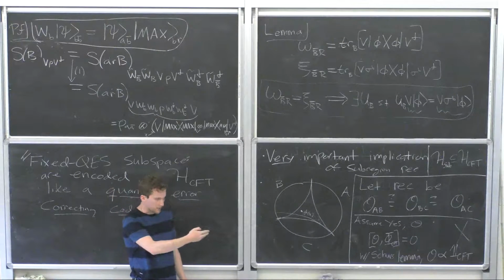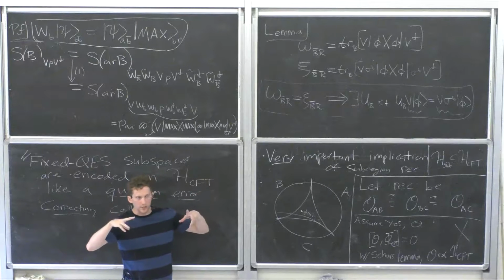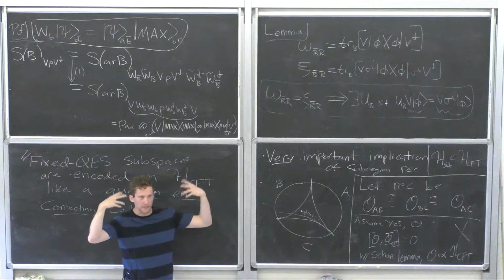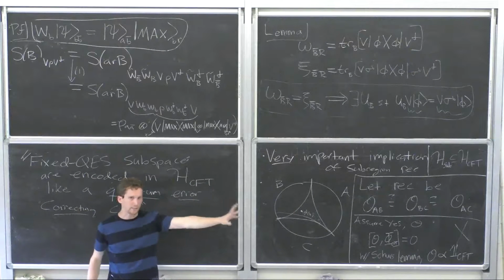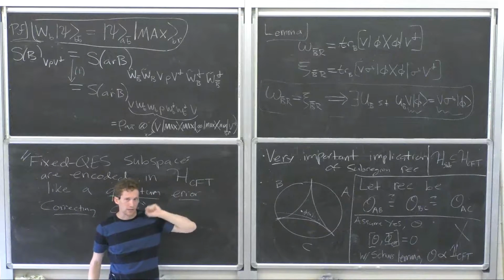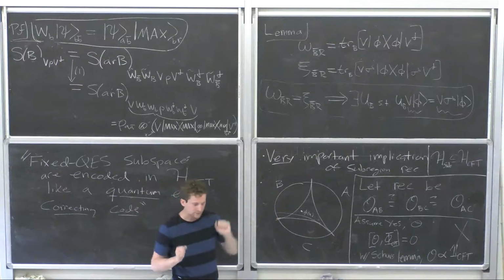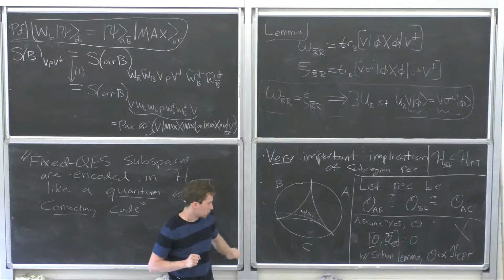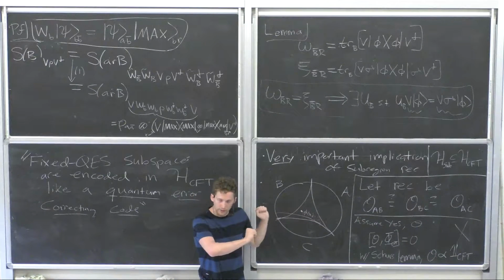What we're going to see next lecture is Theorem 2, which is basically the same idea as Theorem 1, but it drops the assumption of a fixed QES subspace. It keeps the code subspace, so we're still going to be able to talk about code subspaces, where the bulk is still encoded in the boundary, like a quantum error correcting code.